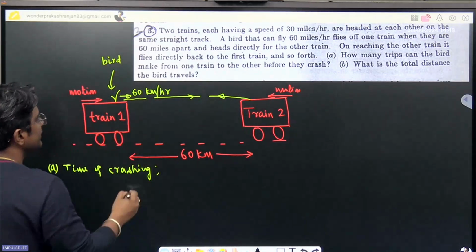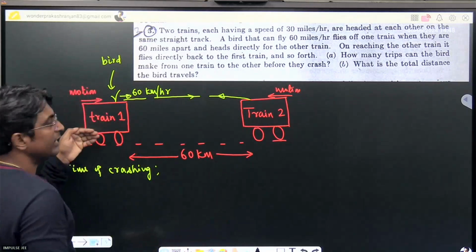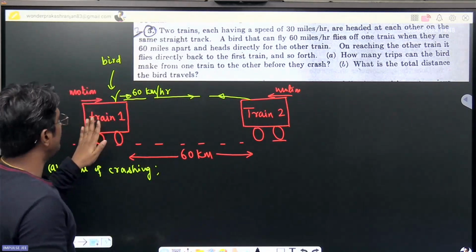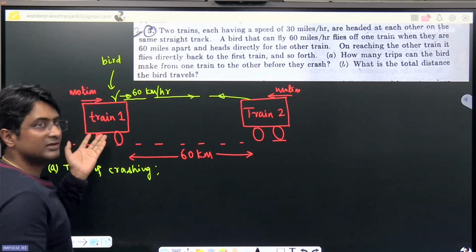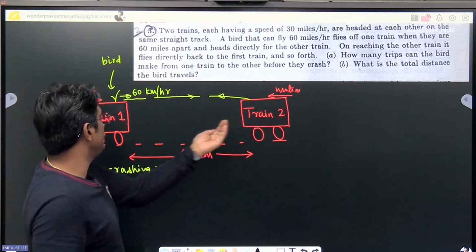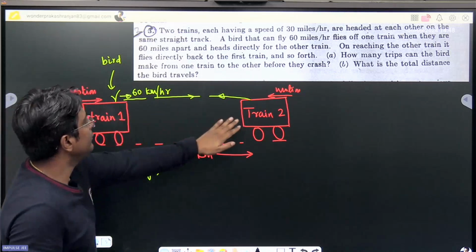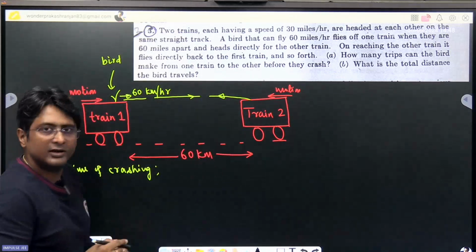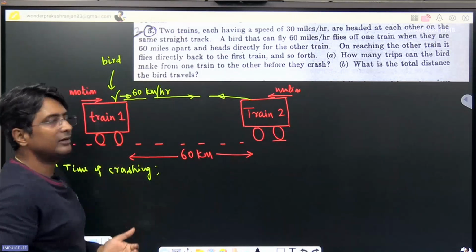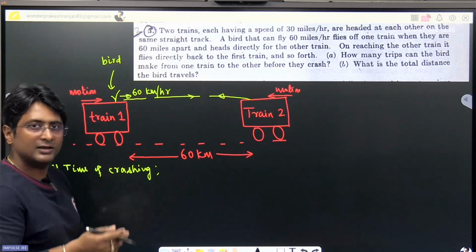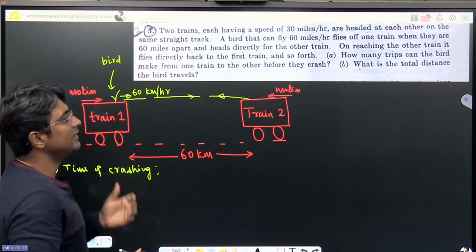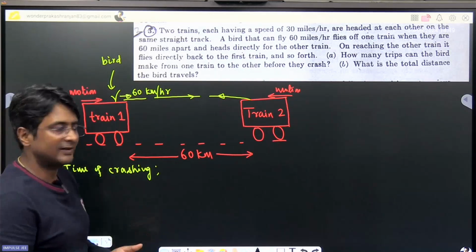Then what we can say, if you attach in the frame of train 1, then train 1 becomes stationary for you and train 2 is approaching towards train 1. If two velocity vectors are in the opposite directions, then their resultant is simply a scalar sum.